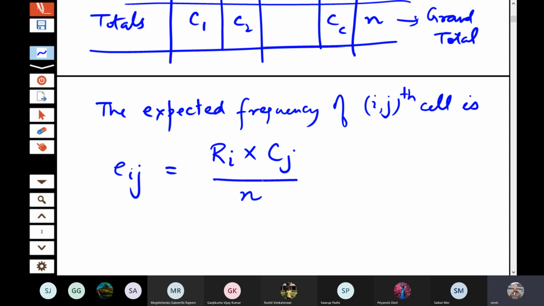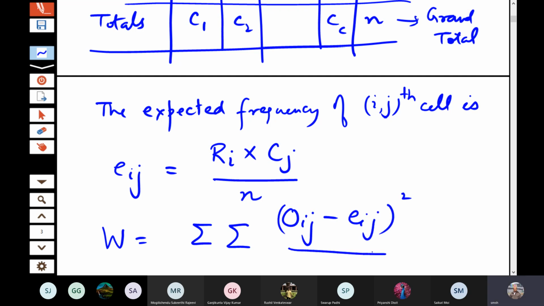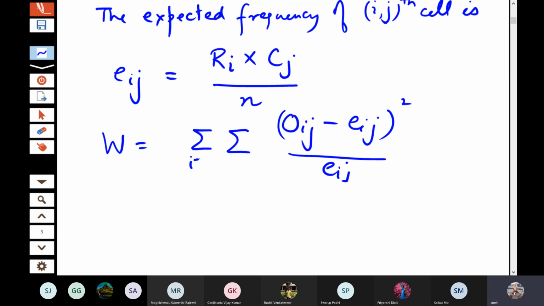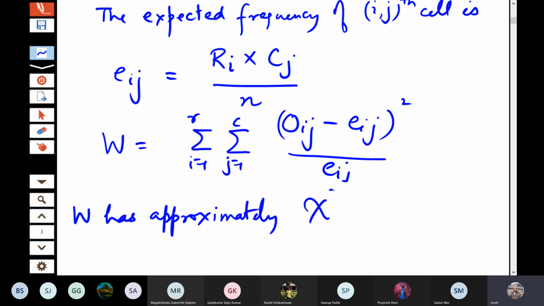And the formula then is W equals the double summation of Oij minus Eij square divided by Eij, i is equal to 1 to R, j is equal to 1 to C. W has approximately chi-square distribution on R minus 1, C minus 1 degrees of freedom.